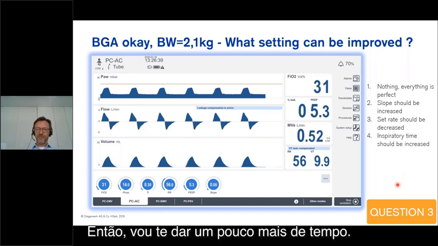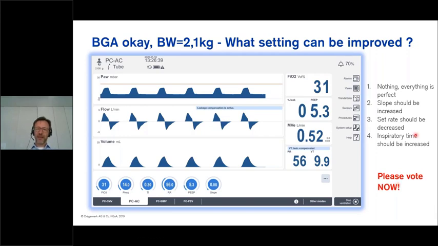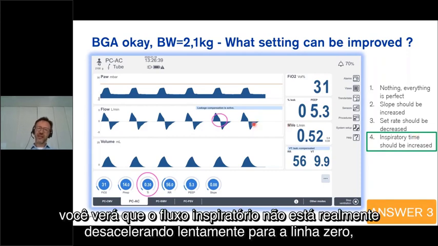I give you a little bit more time, and now we start the voting. If we look at the screenshot, at the flow curve, you see that the inspiratory flow is not really slowly decelerating to the 0 line.